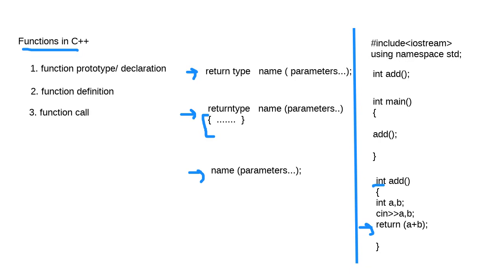So what happens when a call is made to the main function? You make a call to add, and when add is called, the control is transferred to this particular definition of add, right? This time the return type is integer. That means whatever computation will be made in add, after that computation, the result, which is in the form of integer, will be passed back to where the function was called.